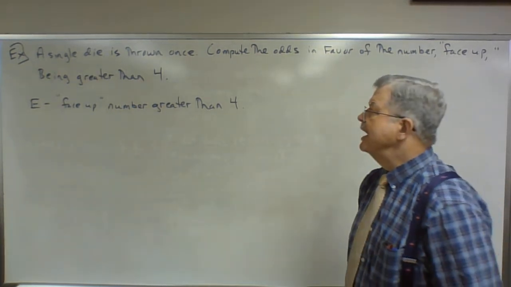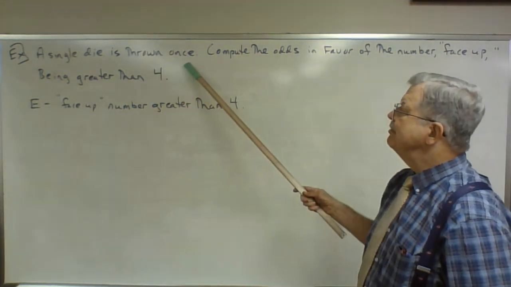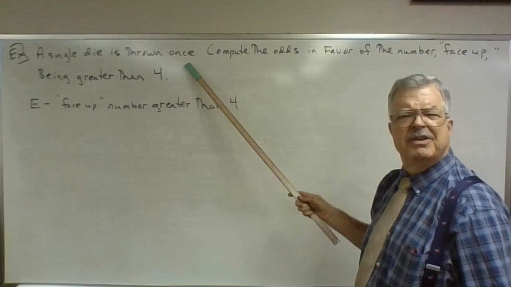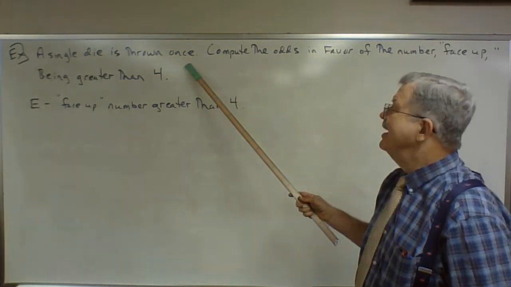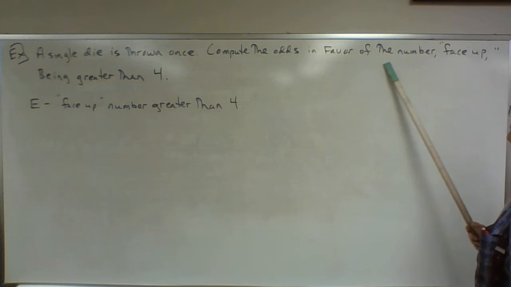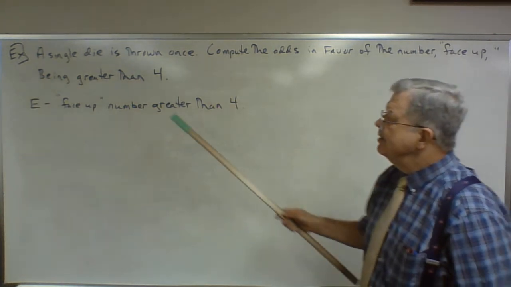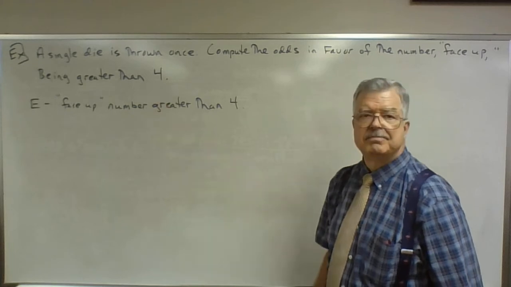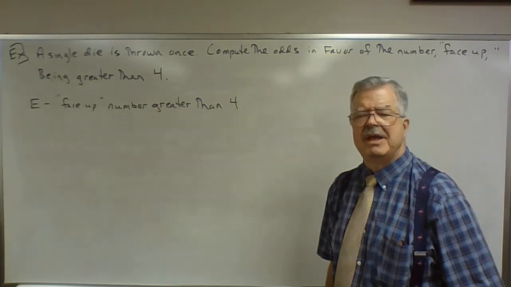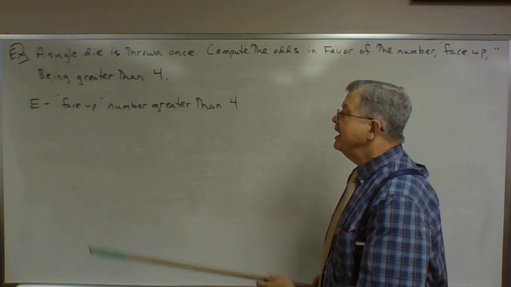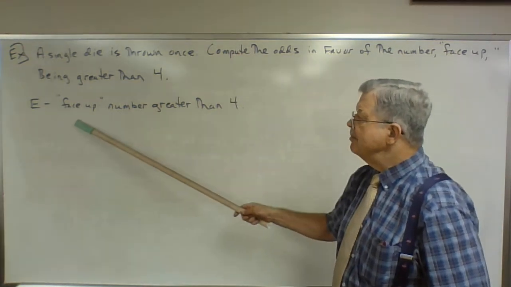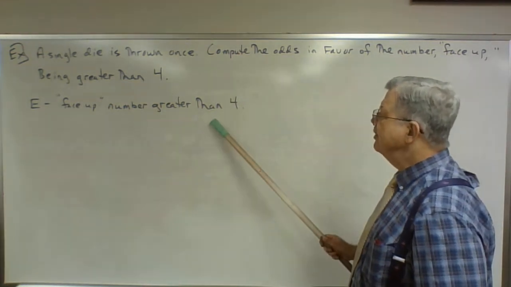Here's our first example. A single die is thrown once. Ooh, where have we seen this before? Compute the odds in favor of the number that's face up being greater than 4. Essentially the same example that we just did. E is the event that the number that's face up is greater than 4.